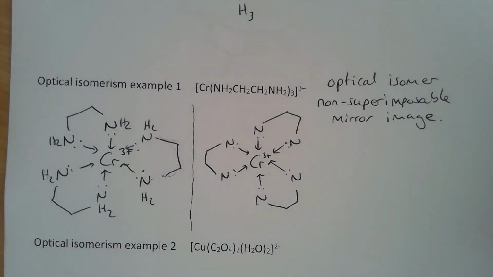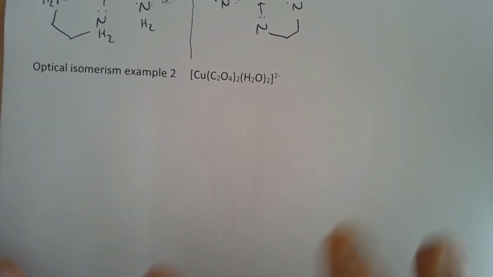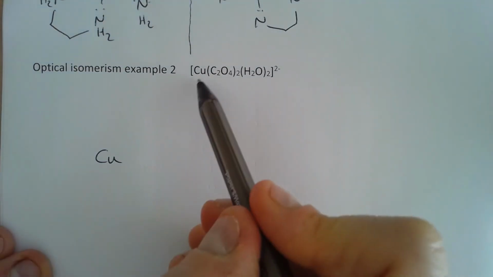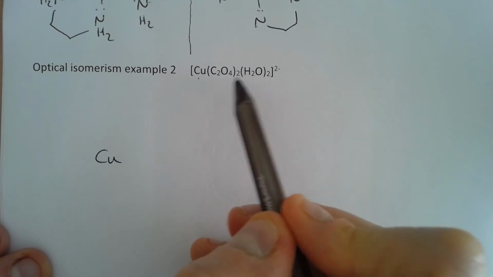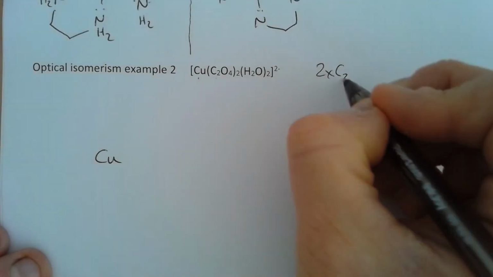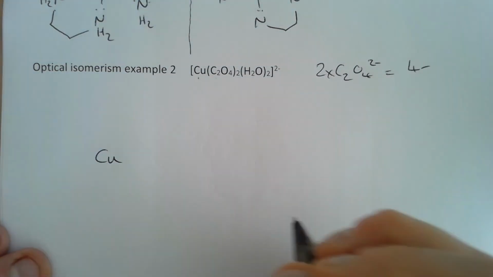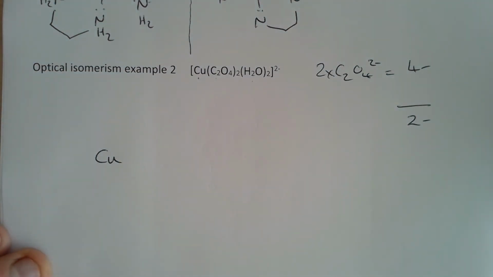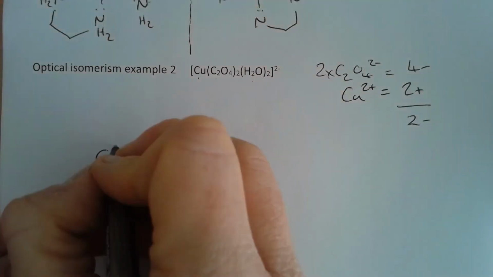So let's have a look at an example with the ethanedioate ligand. So again, with this one I'm going to have to work out the charge on the transition metal ion here, because we have a negatively charged ligand. So we've got two ethanedioate ligands, which gives us 4 minus charges. The water is neutral. That complex has a charge of 2 minus overall, which means the copper must be a 2 plus ion.